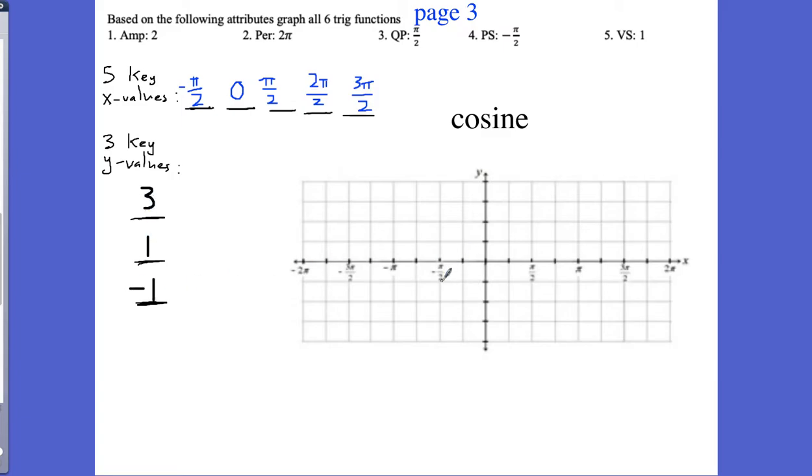So we can mark those exactly the same. So negative pi over 2, 0, pi over 2, pi, and 3 pi over 2. And of course, we need to have those labeled.